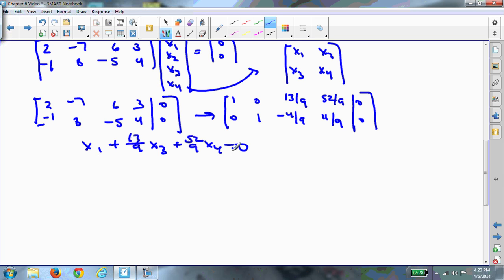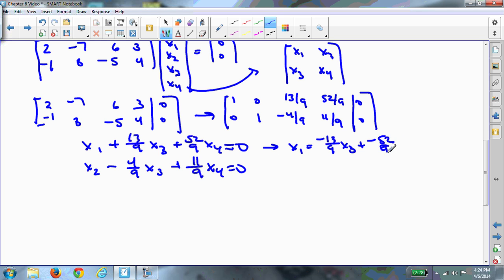I'm going to have x2 minus 4 ninths x sub 3 plus 11 ninths x sub 4 equals 0. So consequently, x1 equals negative 13 ninths x sub 3 plus negative 52 ninths x sub 4. X sub 2 equals 4 ninths x sub 3 minus 11 ninths x sub 4.